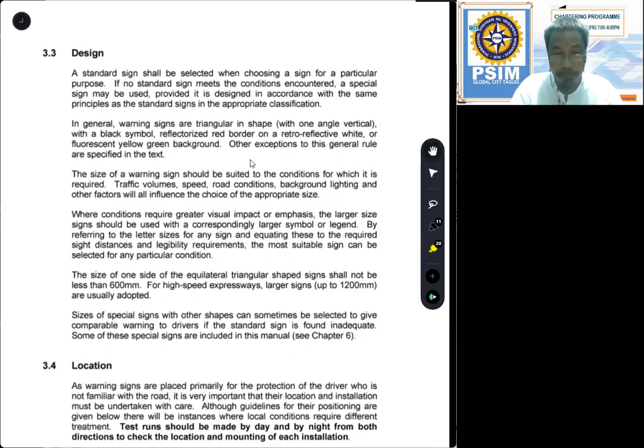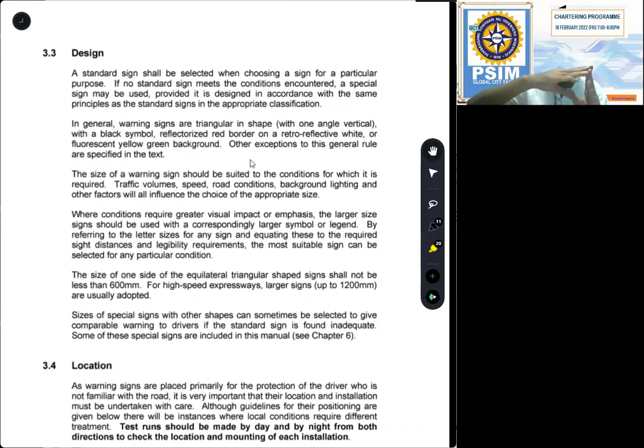In general, warning signs are triangular in shape, okay, with one angle vertical. So this is the shape of the triangle. One angle vertical. So it cannot be this way. No, it cannot be this way.